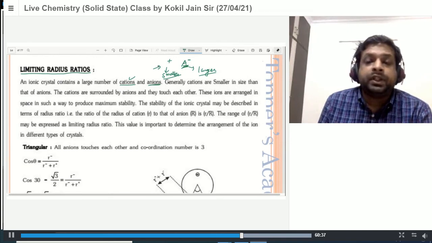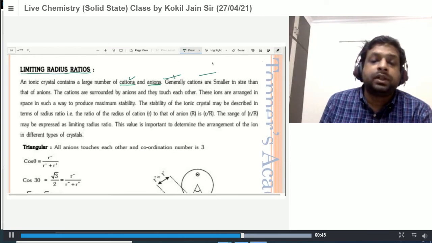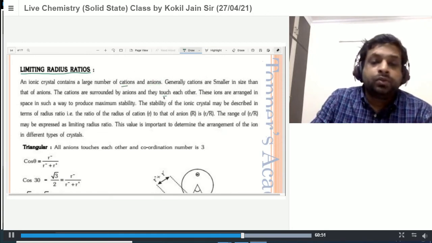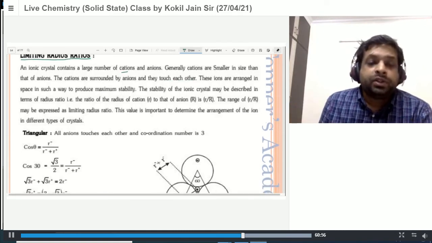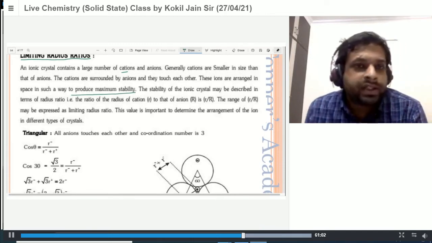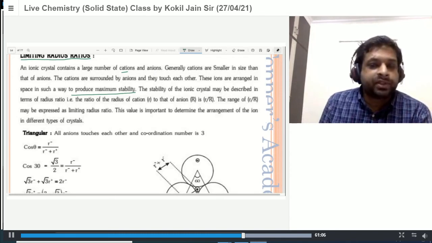Now in an ionic crystal, the arrangement of anions and cations would be such that both anions and cations are touching each other. Again, a similar way of arrangement would be to produce the maximum stability. We arrange ions in such a way that we produce maximum stability here.